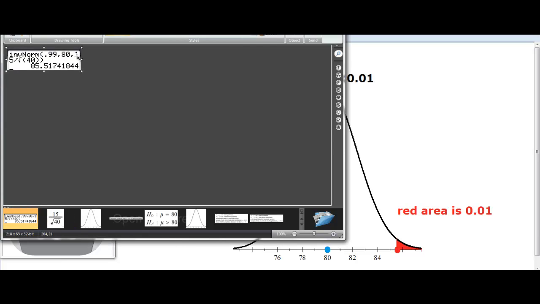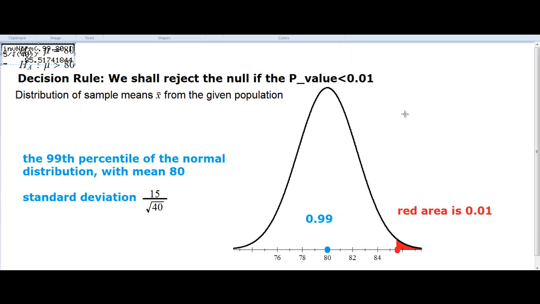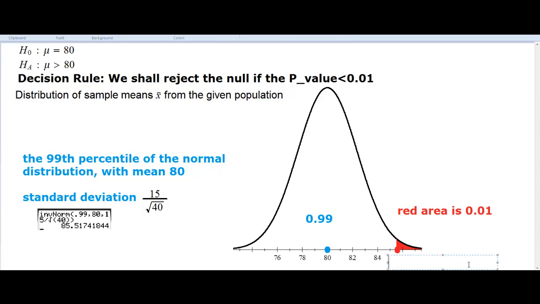So this value is right here. Let me write it for you: 85.52.